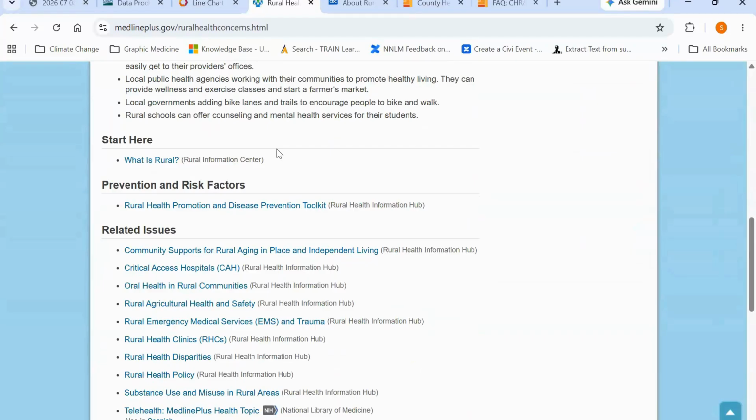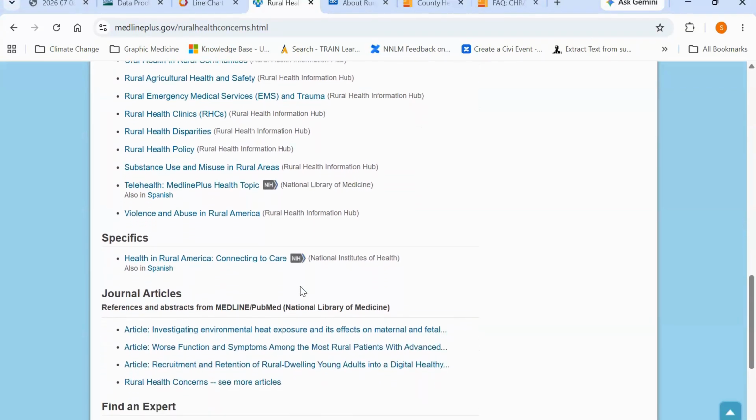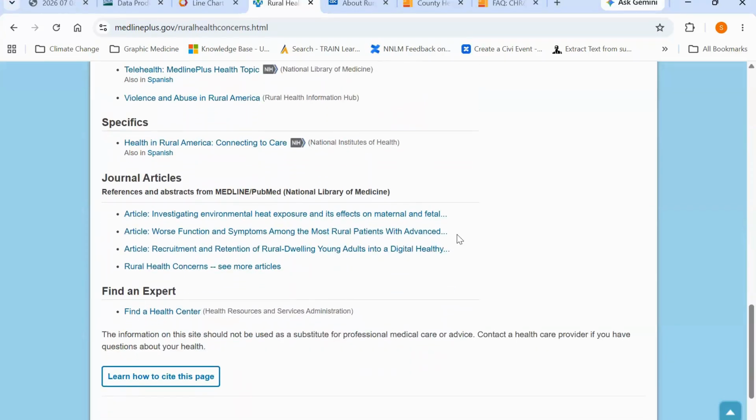When you look at these, they are all set up the same way with the basic information, prevention, related issues. And again, all of the links are clearly showing where they are linking out to. So lots of RH Hub, some NIH.